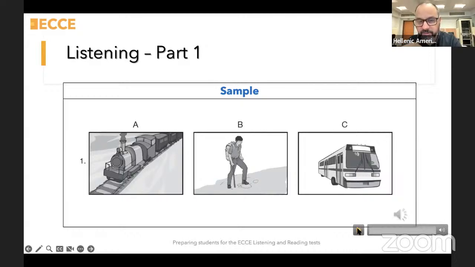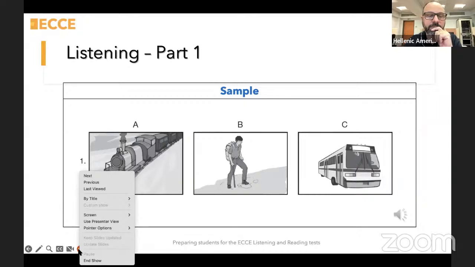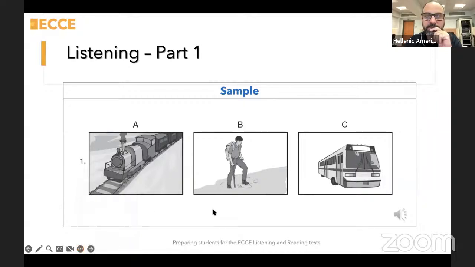So let's listen to this sample before we get to the particulars. Okay, everyone. I don't think you heard the recording. I was afraid this would happen.